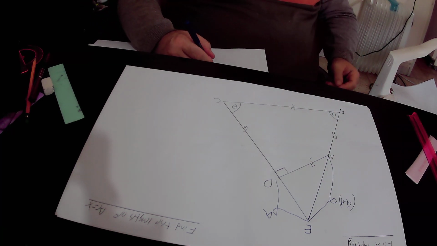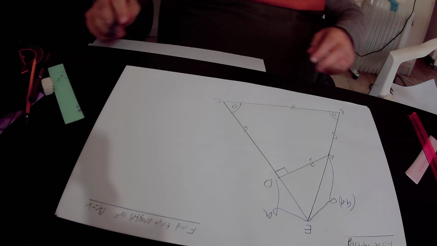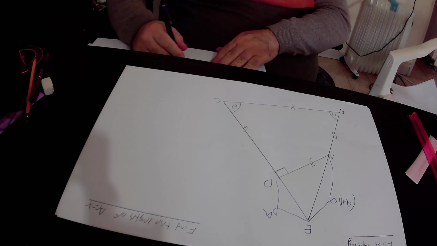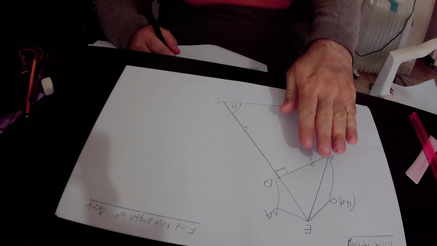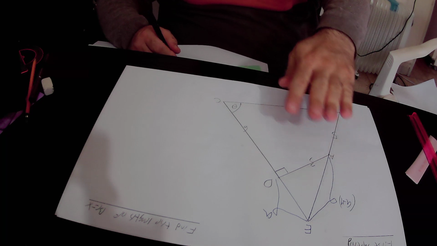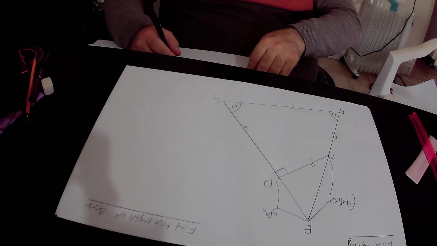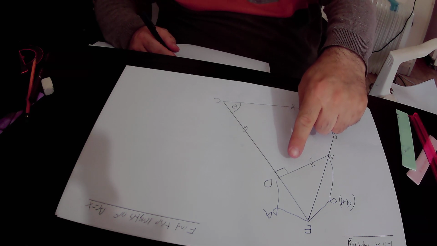So at point D, on this side of the straight line EC at point D, the sum of the angles must be equal to 180 degrees according to rule number 2. So which angles we have at point D?